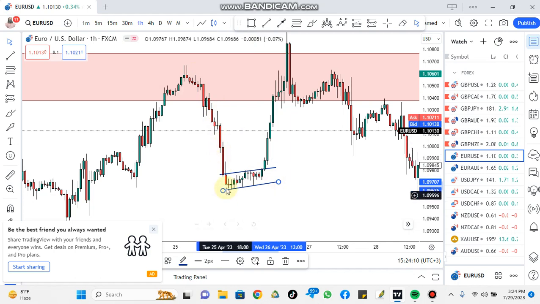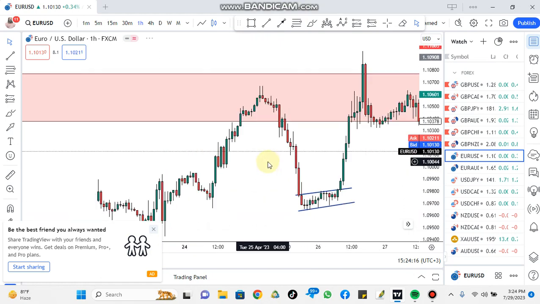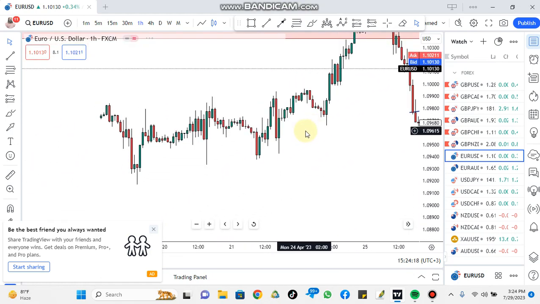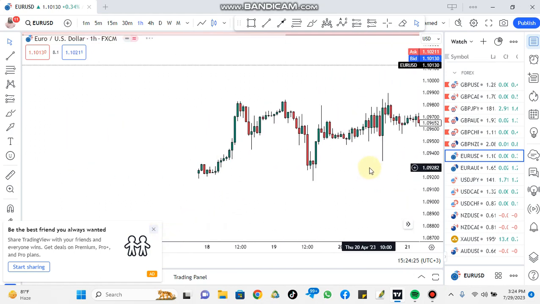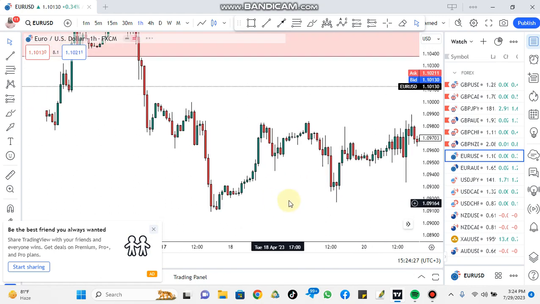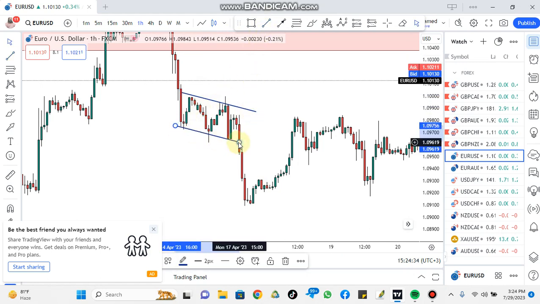You can see how price came here, consolidated here, and boom, went back upwards. Just monitor these things. I'm not saying this is the only way, but this is one of the ways you can know that something is about to happen in the market. There are so many things to look at in this market, and if one fails, you'll get to another one.